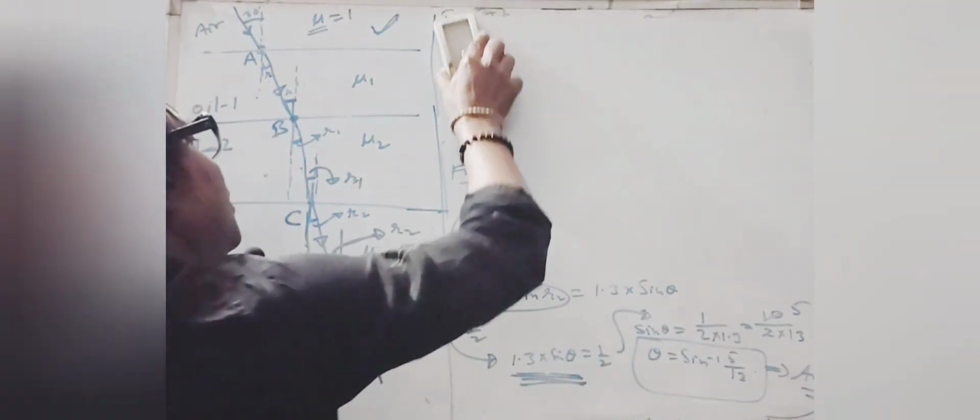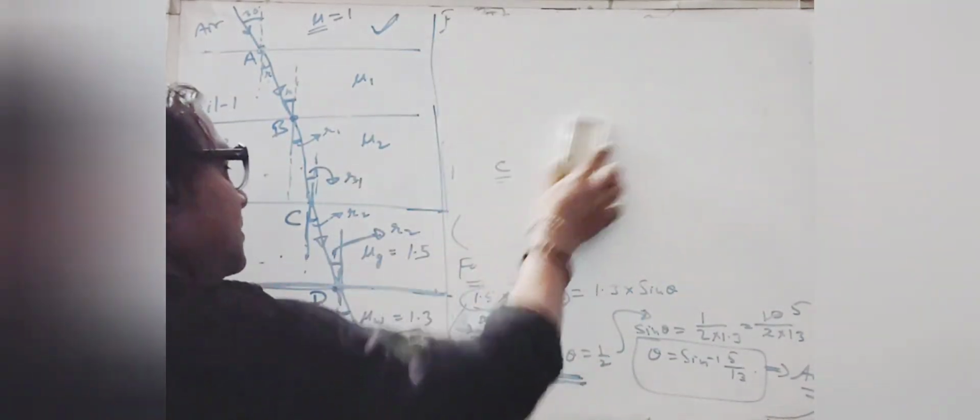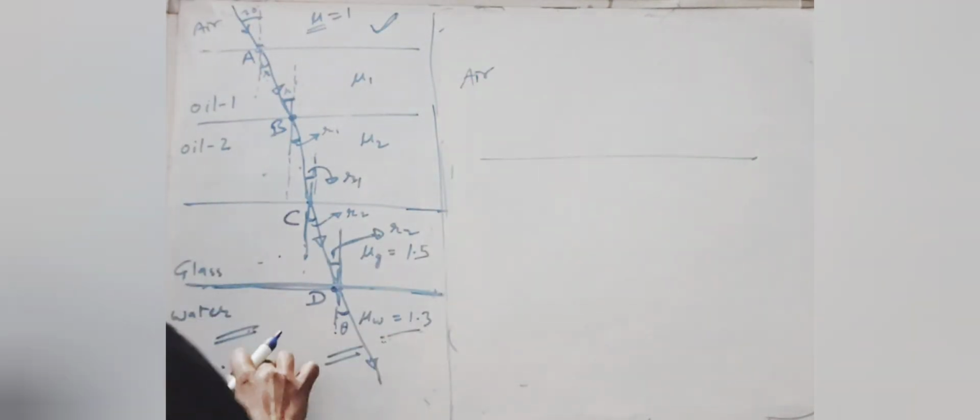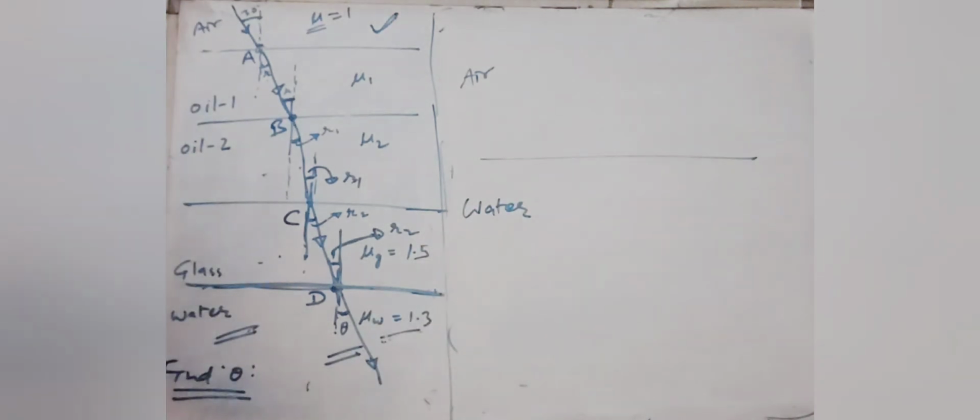How? You think of it like this. Initially it was the air medium, so write air medium, and finally it is water, so write water. The complete question can be thought of like this.